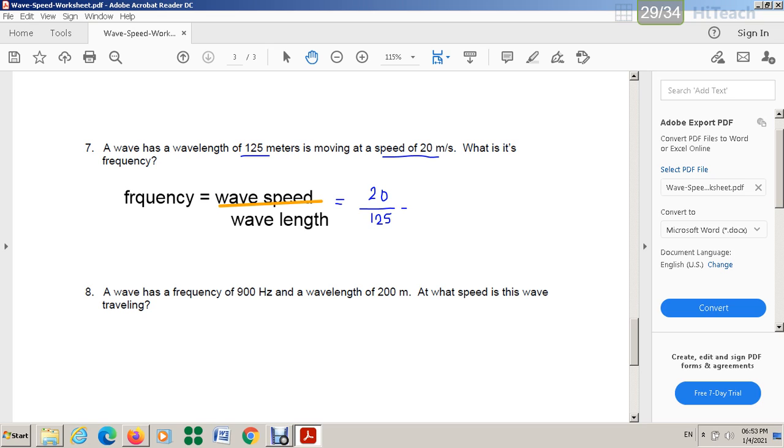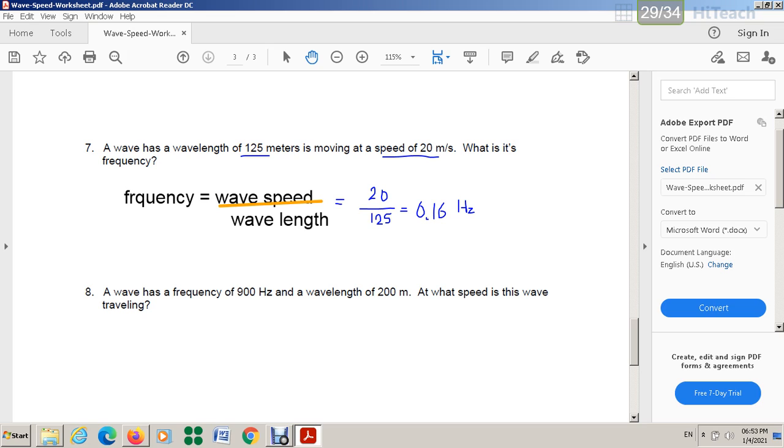Sorry, here you have 20 divided by 125, which is equal to 0.16. What is the unit? The unit is hertz for frequency, right? Okay, so this is for question 7.